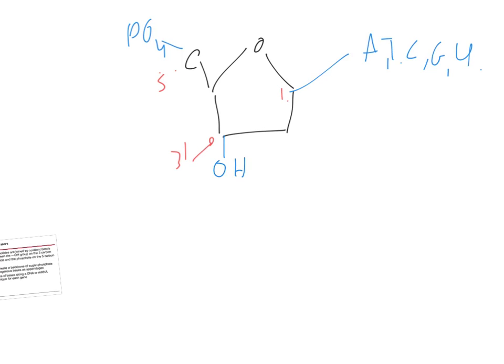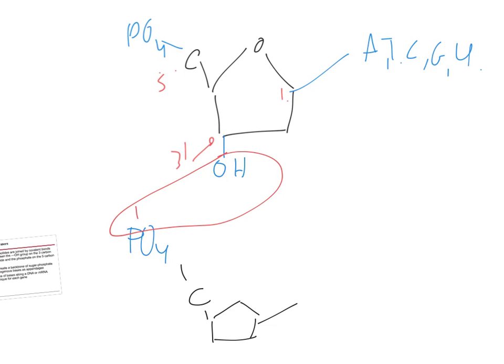We're going to link it to the next phosphate group, on the carbon in the next nucleotide with the base. Here's another hydrogen off of that. That's where the dehydration synthesis is going to occur. It's going to form what's called a phosphodiester bond.